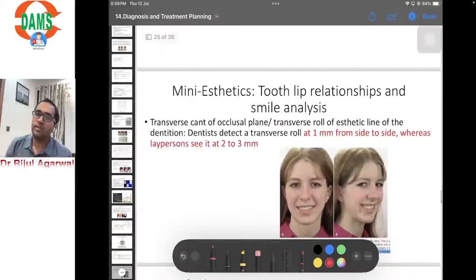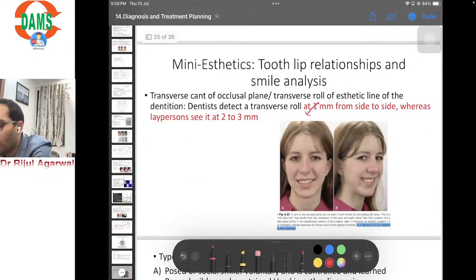So in mini aesthetics you have smile analysis, in which you evaluate the transverse cant of the occlusal plane or roll of the aesthetic line. A dentist can detect, again a very potentially important MCQ, 1 mm deviation from side to side, whereas a lay person detects it at 2 to 3 mm, and in degrees it is 3 to 4 degrees.